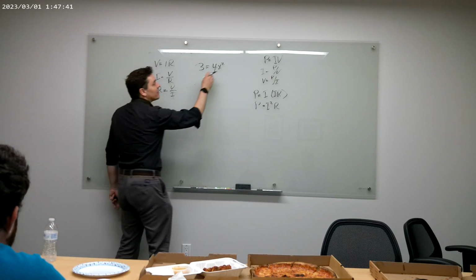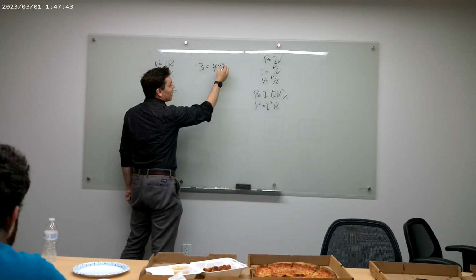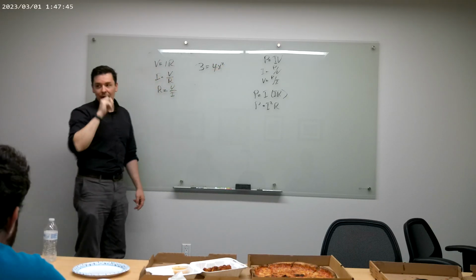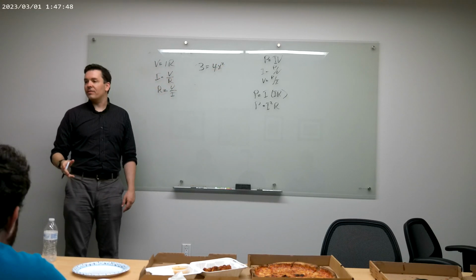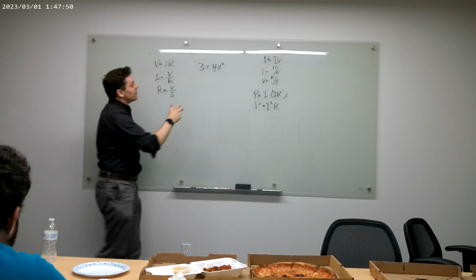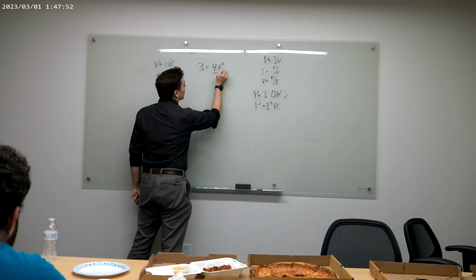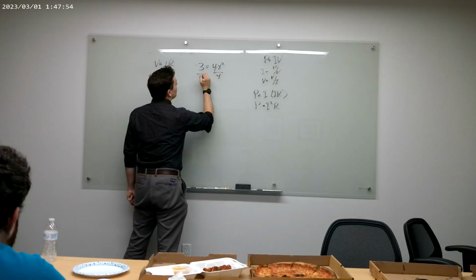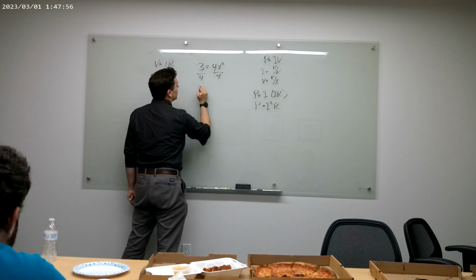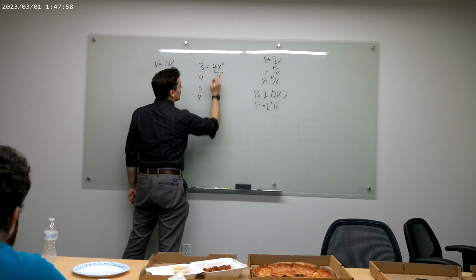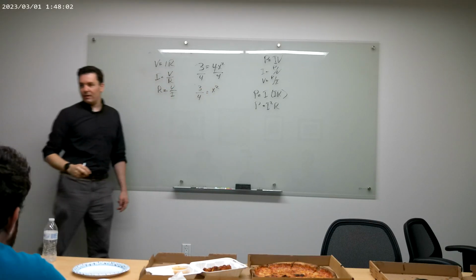Now, the more difficult thing here is trying to get that 4 away from the x squared if you're trying to take care of the square first. So in order to get rid of the 4 next to that, we divide by 4 on both sides. So we have then 3/4 is equal to x squared right there.